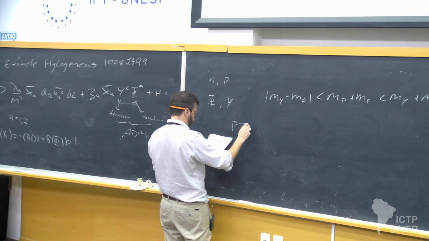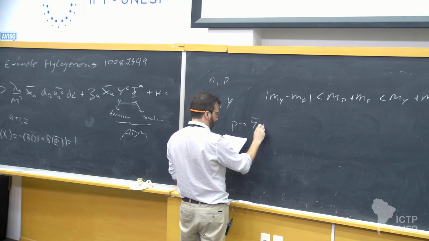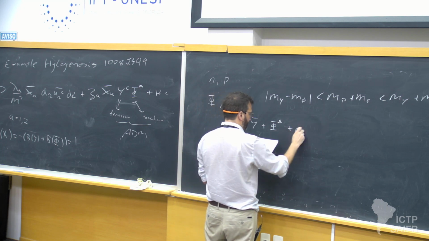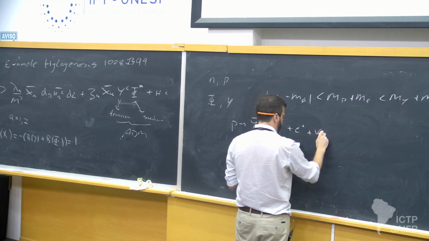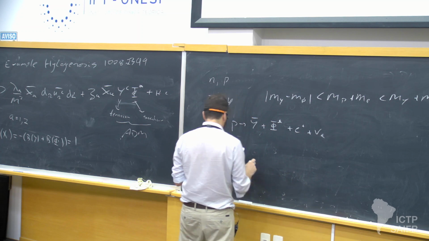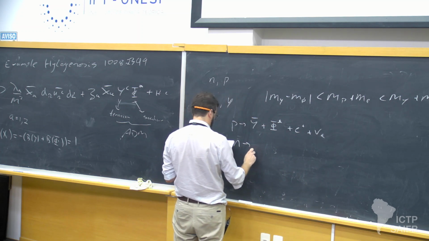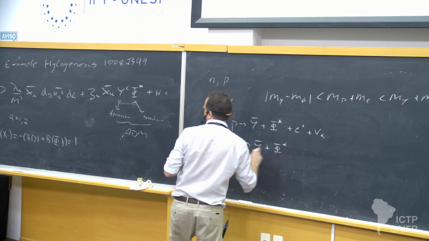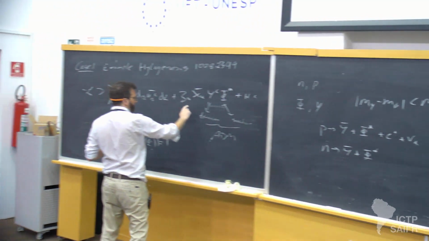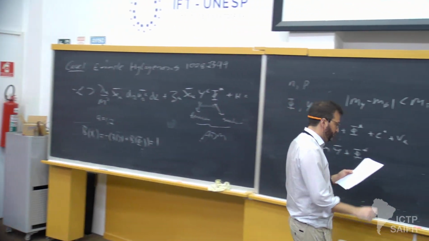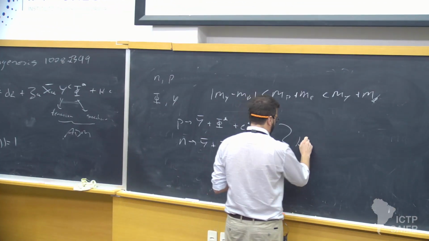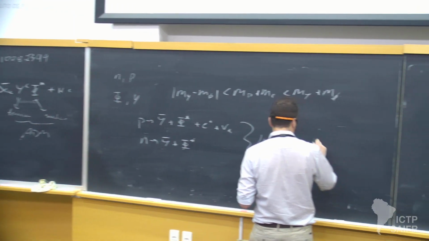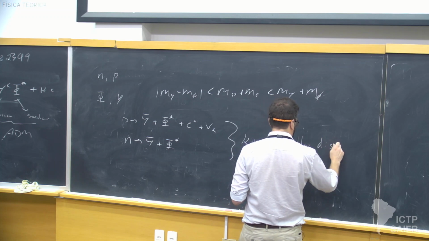So proton going to Y bar plus phi star plus e plus plus nu_e, and also neutron going to Y bar plus phi star through this heavier particle X. Yeah? These are kinematically disallowed.